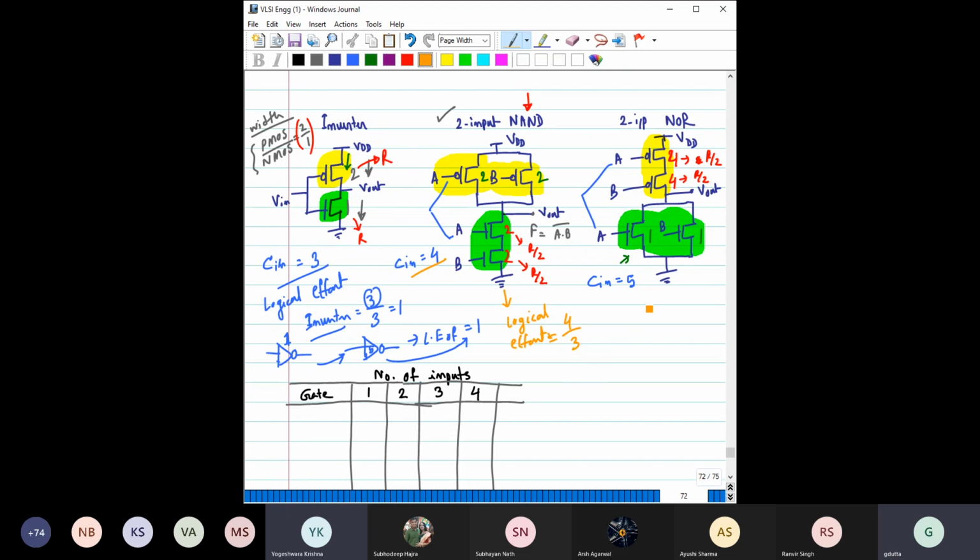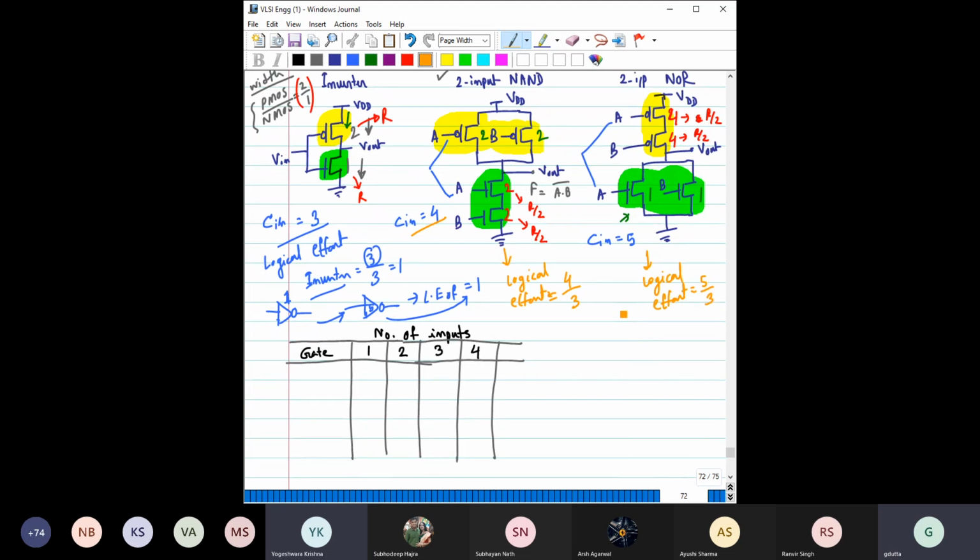Okay, so for this case, what is the logical effort? It is 5 by 3, right? Okay. Now, inverter always can only have one input, right?